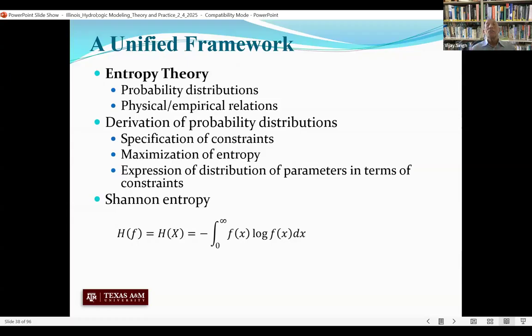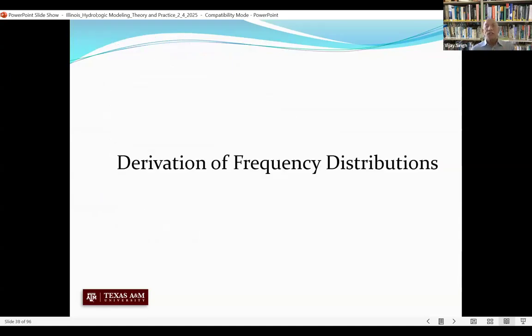First, we can derive probability distributions, but we can also derive physical and empirical relations using the entropy theory. If you want to derive a probability distribution, you can derive any probability distribution using entropy theory, provided the distribution is expressible in explicit form. And here we can use the Shannon entropy, which is by far the most versatile and robust entropy definition. There are others.